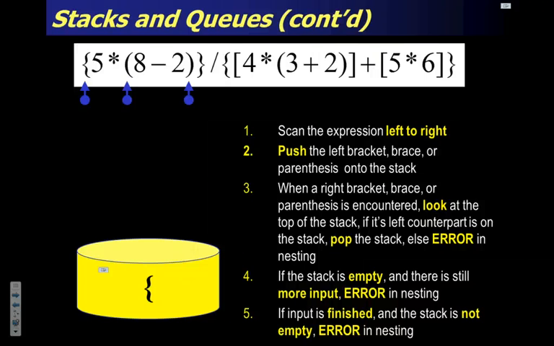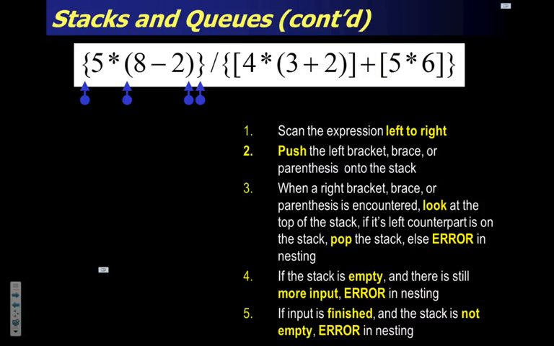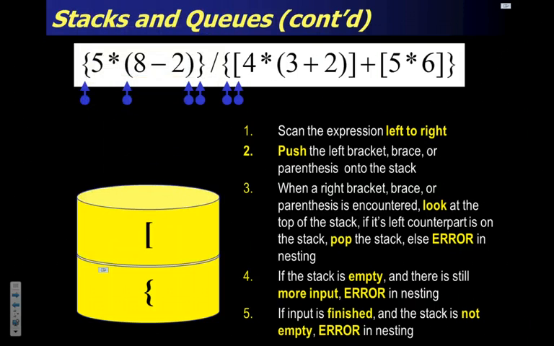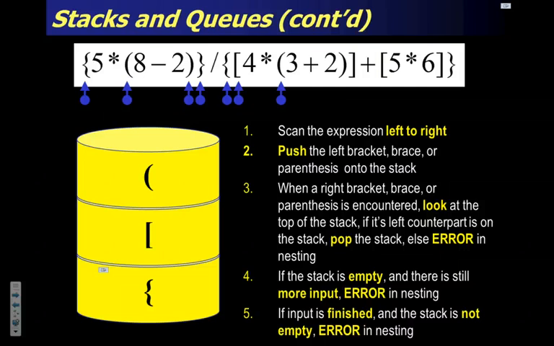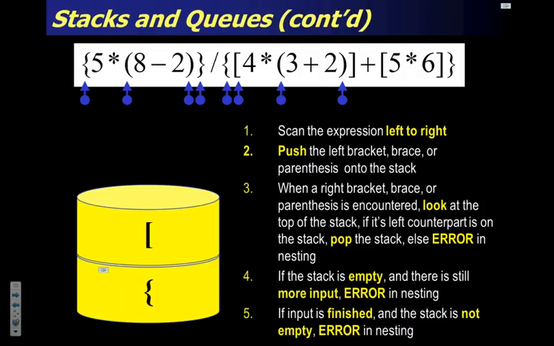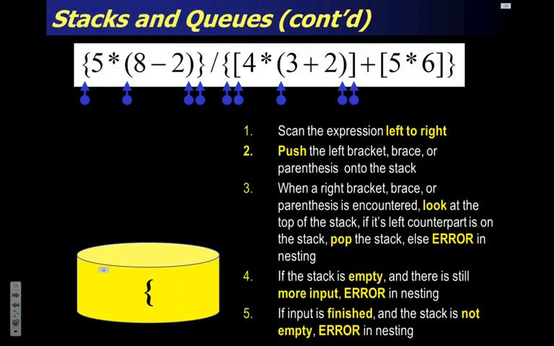I encounter a right bracket. Oh, it matches, I pop the stack. Keep reading. Oh, left bracket, add it to the stack. Left bracket, add it to the stack. Keep reading. Left bracket, add it to the stack. Keep reading. Right bracket, do they match? Yep, pop the stack. Right bracket, do they match? Yep, pop the stack. Keep reading.